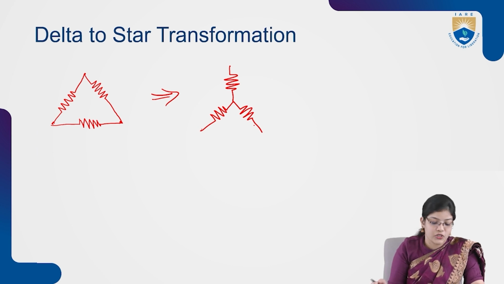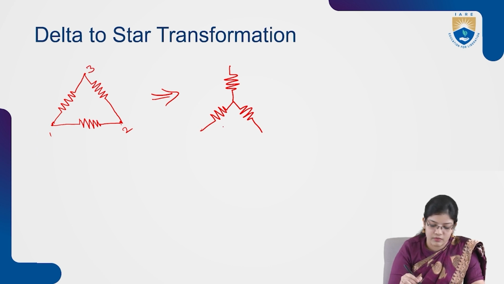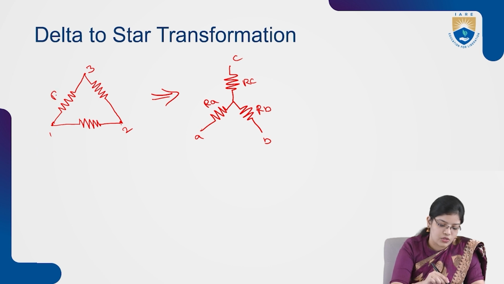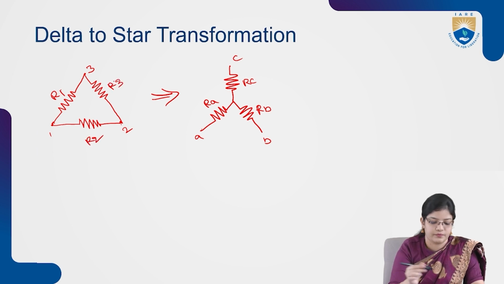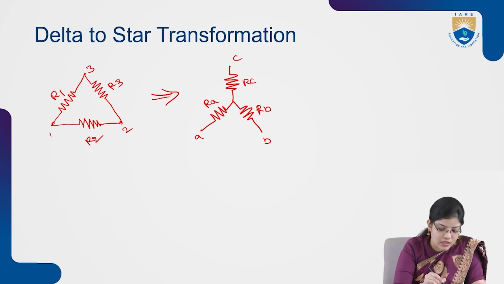As I have already mentioned, we need to label these as either 1, 2, 3 or A, B, C. So I'm taking this as RA, RC, RB. This is A, B, C, and this is denoted with R1, R2, and R3. So to convert this delta network into star, first we have to draw this star network inside this delta circuit.